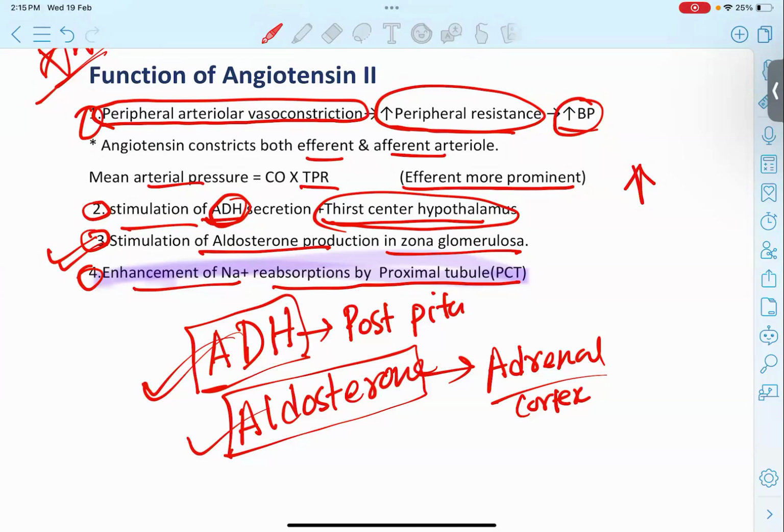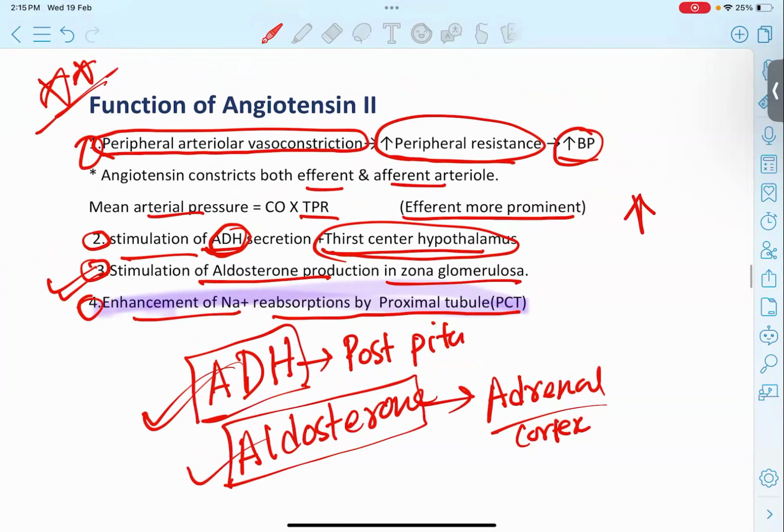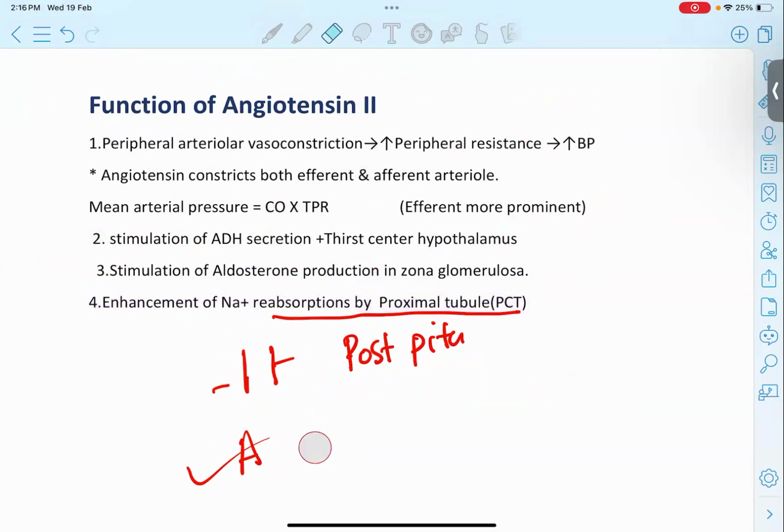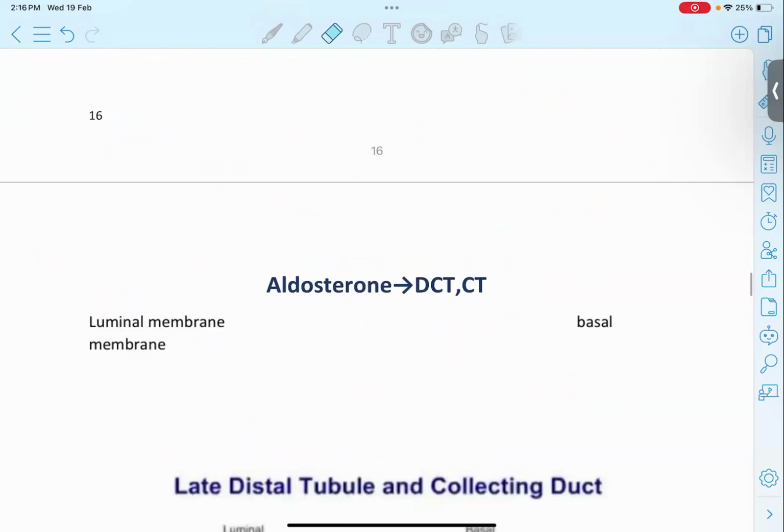If we are reabsorbing sodium, and the sodium content is increasing in the blood, sodium will carry water along with it, increasing blood pressure. So the ultimate function of angiotensin 2 is to maintain the blood pressure. That is all about the function of angiotensin 2.